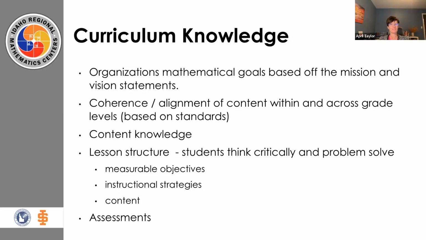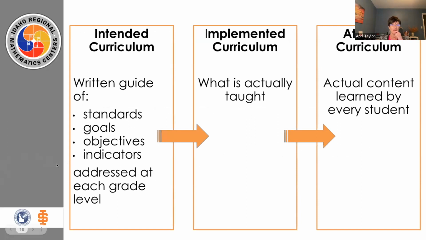So we can advocate with any of these topics or any of these elements. We can also advocate within these shifts between what the intended curriculum is. It's that written out guide that aligns to the standards, outlines the goals, and has those measurable objectives. It's grade level specific, but also has vertical alignment within that curriculum.